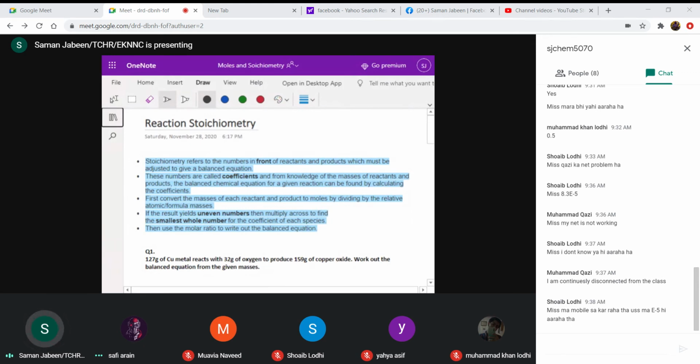So it is a very important chapter. You have to pay more attention. That is why I reinforce all the previous topics as well. Now stoichiometry. If you haven't done it, open your notebooks and write it. Stoichiometry.